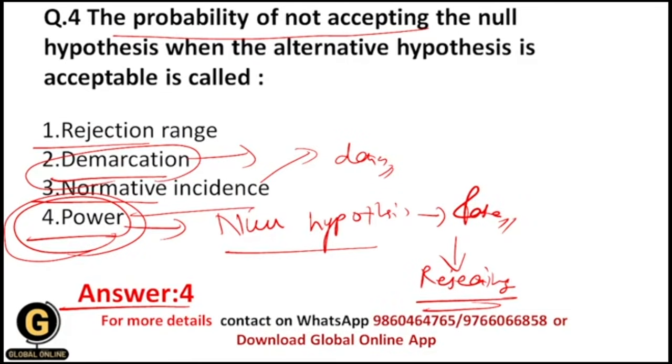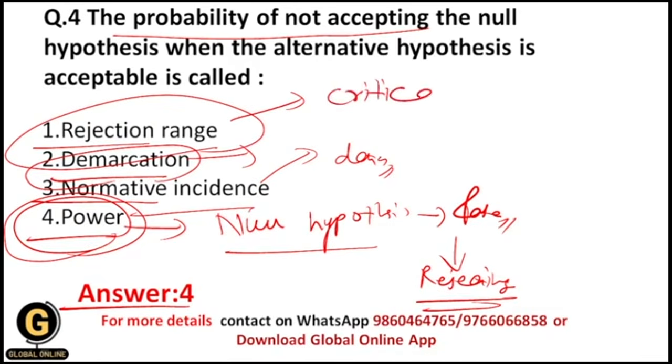And what is rejection range? Rejection range is also called the critical range. This is the region, a set of values for test statistic for which null hypothesis is rejected. So it includes the values for which we are going to reject the null hypothesis. But for this question your correct answer should be 4, that is power.